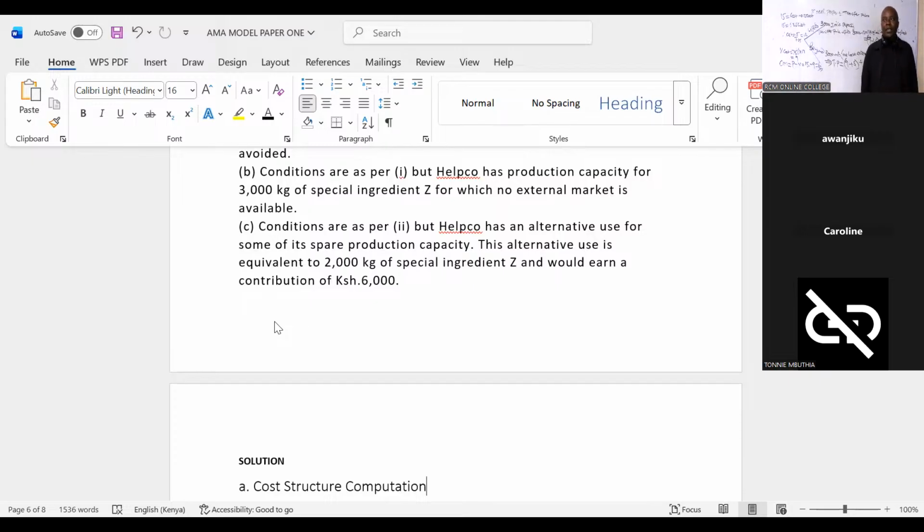We have 2,000 units of Z which we have on alternative use, and this alternative use will give us 6,000. So should our sister department want us to stop using this Z for this alternative use, they must be willing to compensate us, to give us the profit that we would have earned.